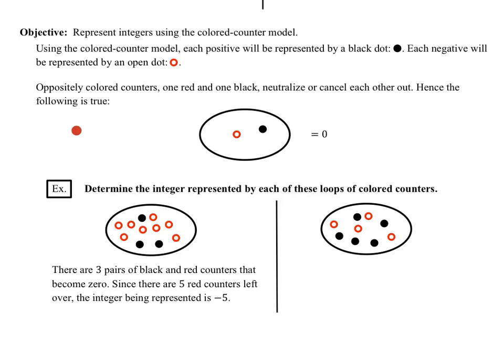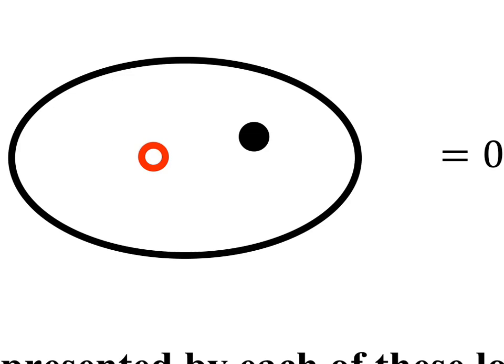Now, one thing we notice in this first example, I'll read this. Oppositely colored counters, one red and one black, neutralize or cancel each other out. Hence, the following is true. So if you have a red dot and a black dot, what is its total value? Well, they would cancel each other out, and you could cross them out like this.